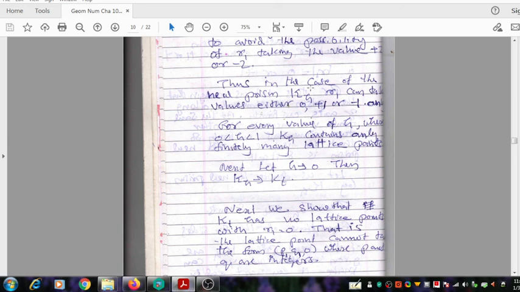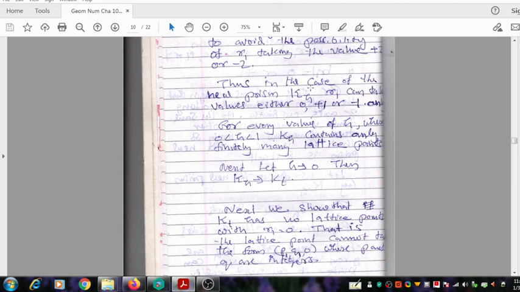For every value of h, not volume, because we are talking about h, which is a real number, it has no connection with volume.